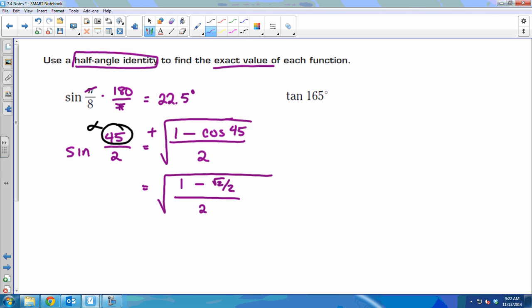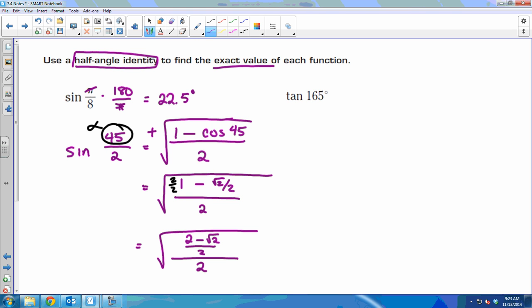I'm going to go ahead and find a common denominator in the numerator. That's not necessarily the next step you have to take, but that's what I'm going to do. So 1 is the same thing as 2 over 2. So you would have 2 minus the square root of 2 over 2. That's just the numerator, all divided by 2, the denominator.